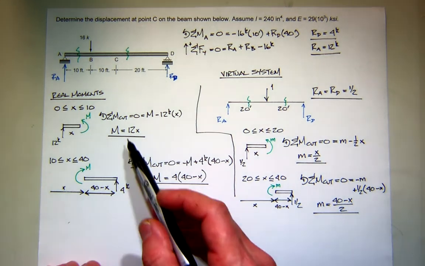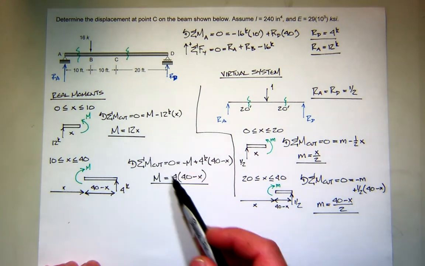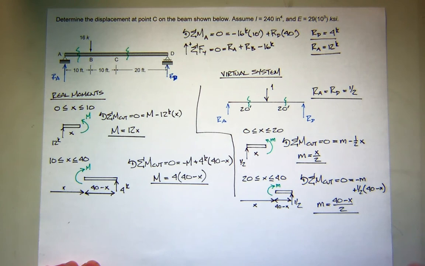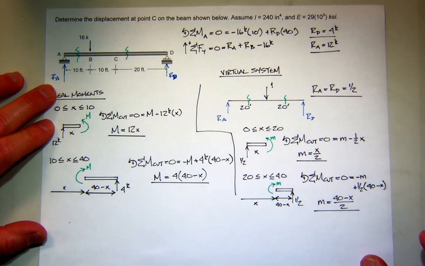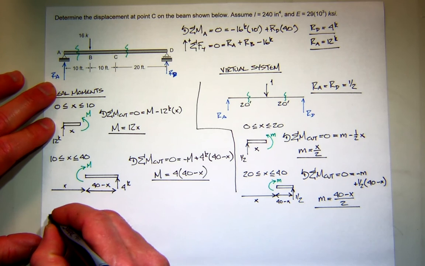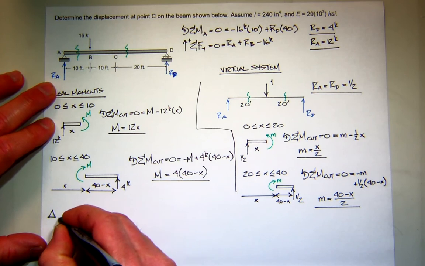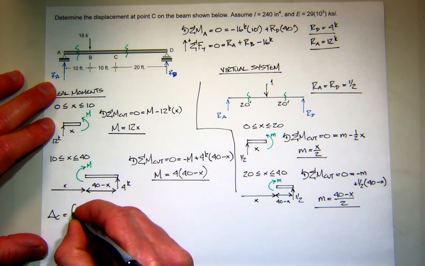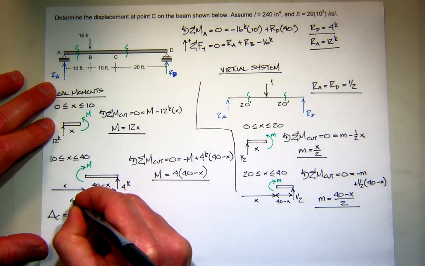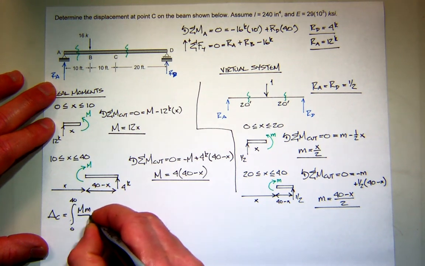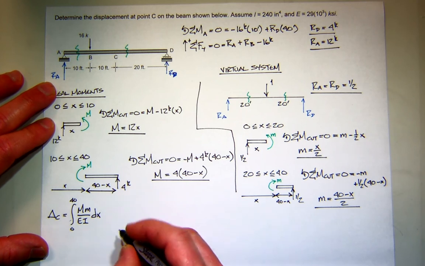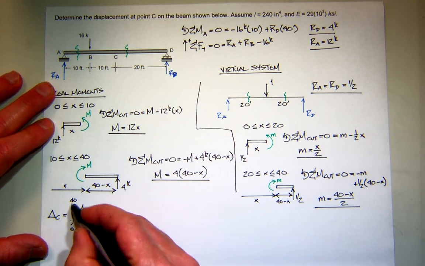So now I have moment expressions for the real load, and moment expressions for the virtual load. Now remember, the equation that I want to solve says the displacement at C is the integral over the whole length of the real moment times the virtual moment, divided by EI. So how are we going to break this up?